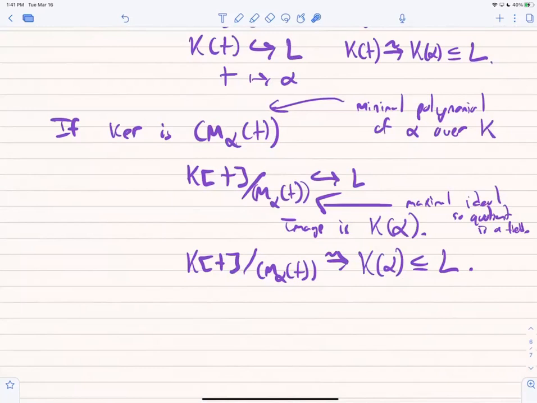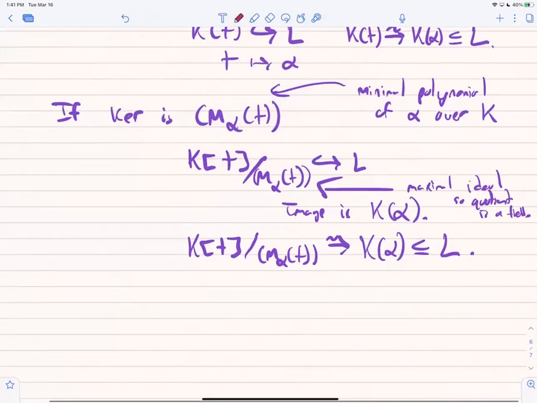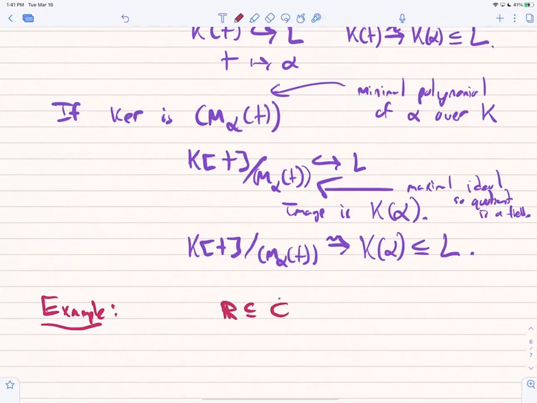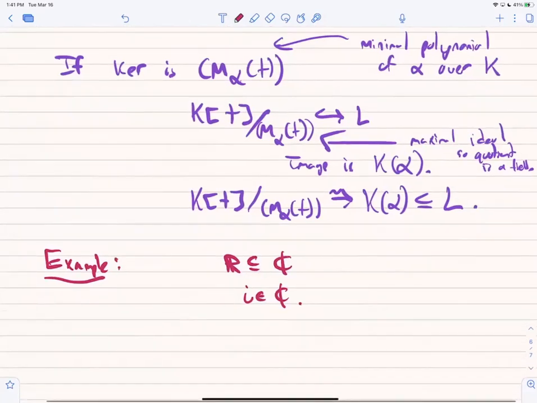Okay, great. So we'll do a quick example. I have R contained in C, and I have the element i contained in C. That's going to be my alpha. And I can look at the smallest subfield of C containing R and i.